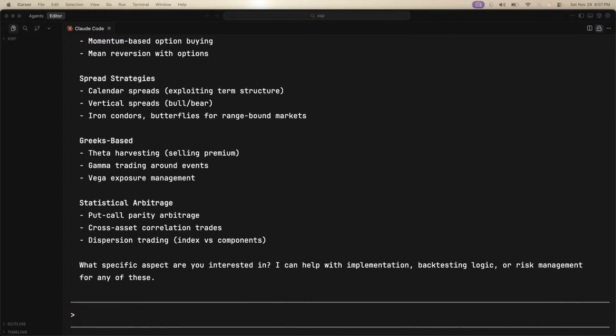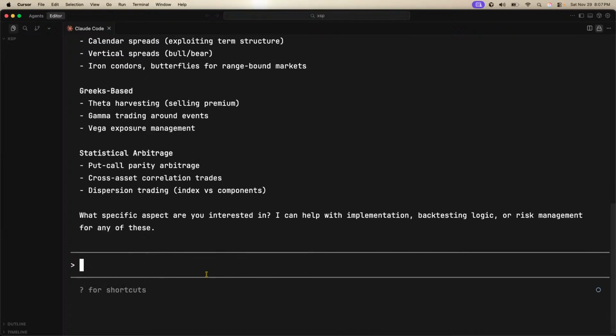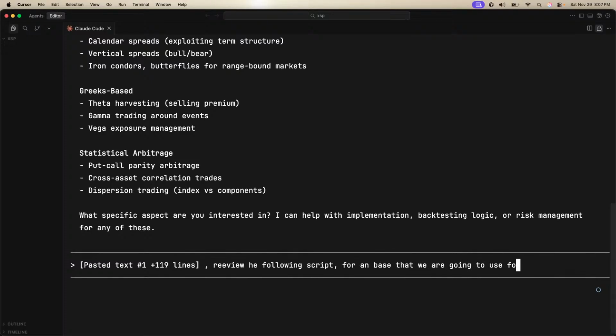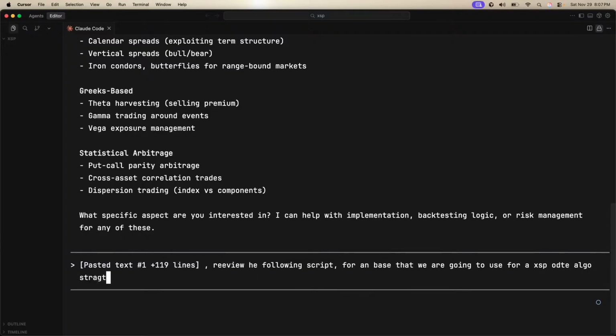All right, perfect. So now what I'm going to do is we're going to go back and copy our Pine Script and then paste it here. And then: review the following script for a base that we are going to use for a XFP 0 DTE algo strategy. Explain like we're 12 without being condescending nor demeaning.